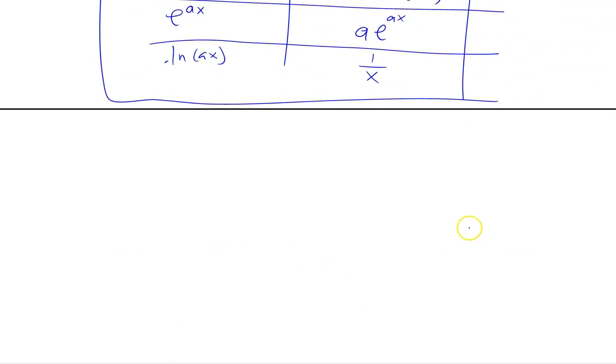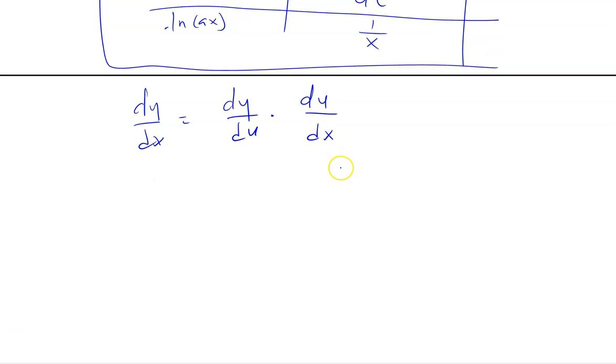We've made it clear that if I'm differentiating with the chain rule, dy/dx is giving us dy/du multiplied by du/dx. So let's take a typical example.